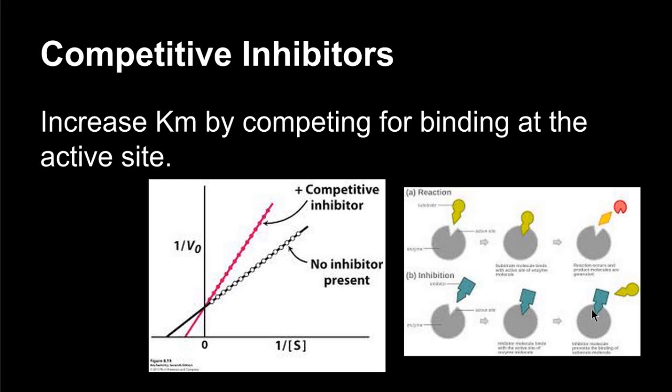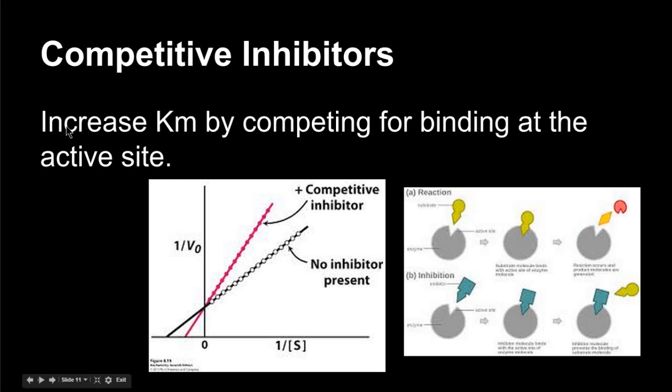So if I get more and more substrate, it's going to be less and less likely that the inhibitor will be able to bind. And what I'm doing is requiring more substrate to get the same reaction. So when I'm using a competitive inhibitor, I'm requiring a greater substrate concentration to reach the maximal speed of the reaction, or half of the maximal speed of the reaction.